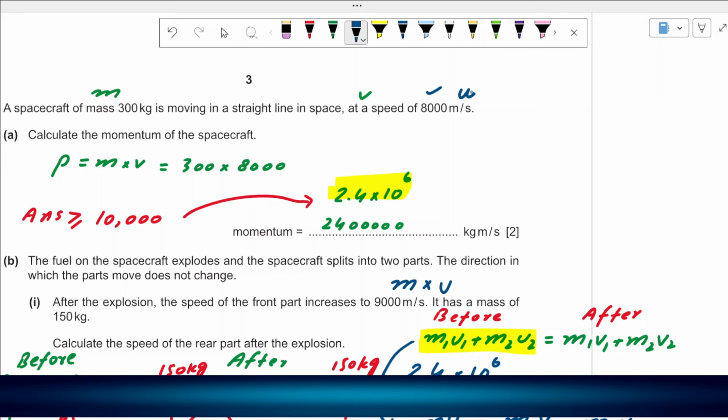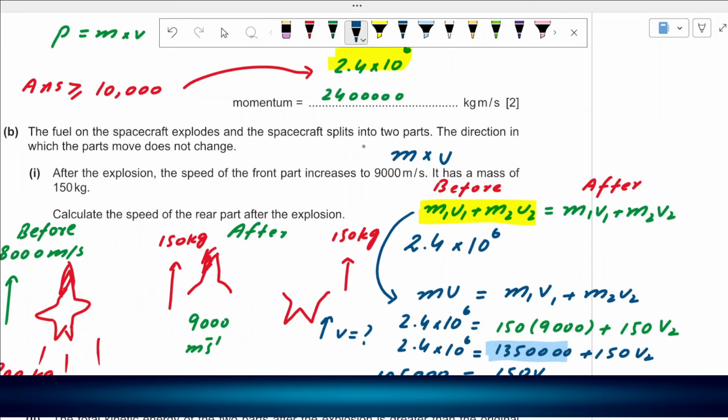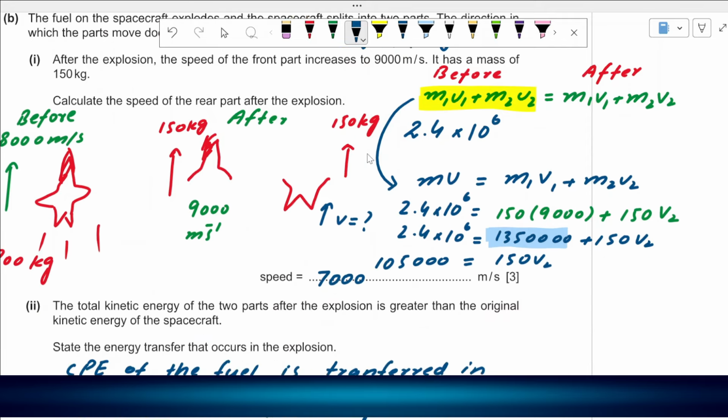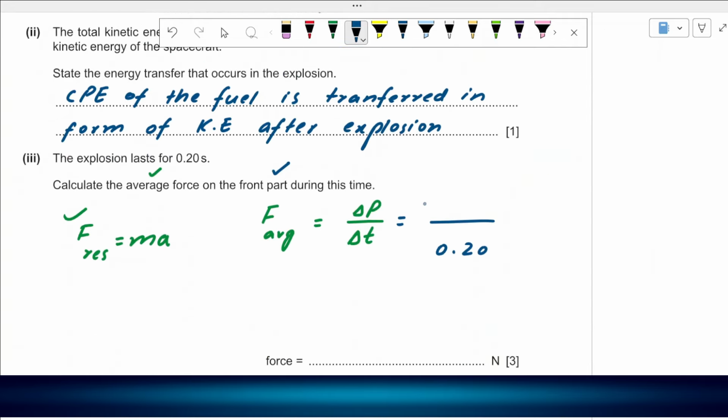This is the initial speed. After that, the first part is having the speed 9,000. So the formula of delta P is m into v minus u. Delta P means change in momentum. You can write it this way, mv minus mu, which is then equal to m into v minus u.